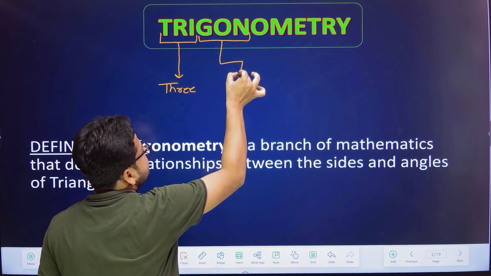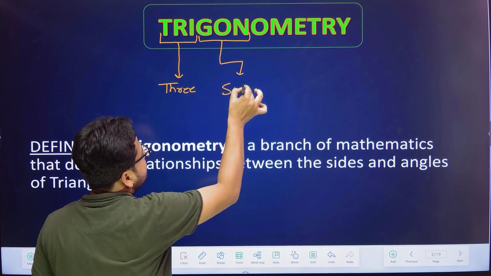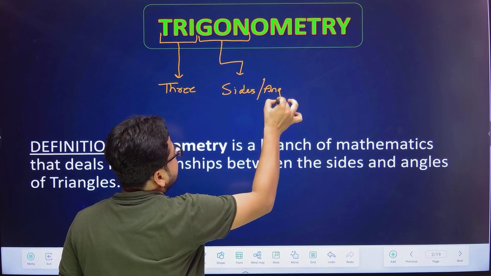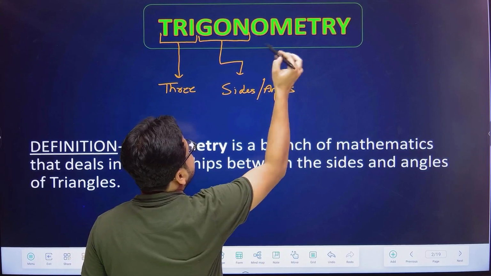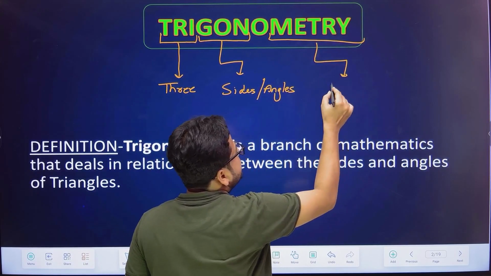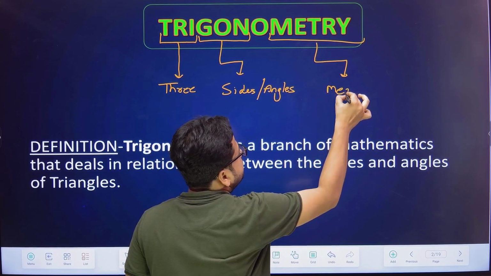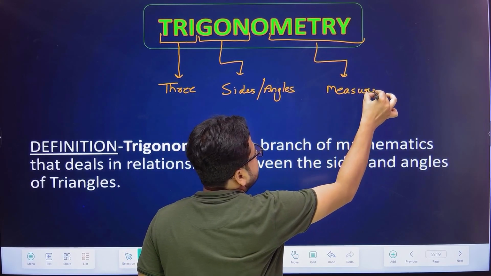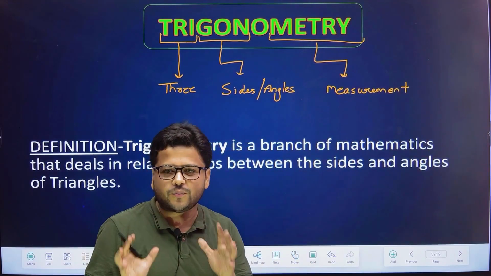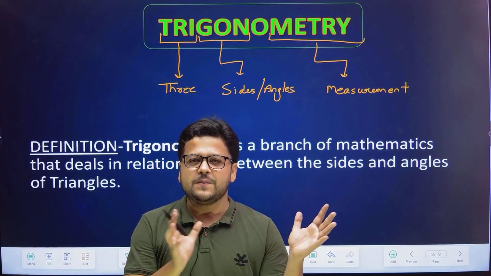Gon means sides or angles. And next is metry. Metry means measurement. Together we can say that trigonometry is nothing but triangles measurement.